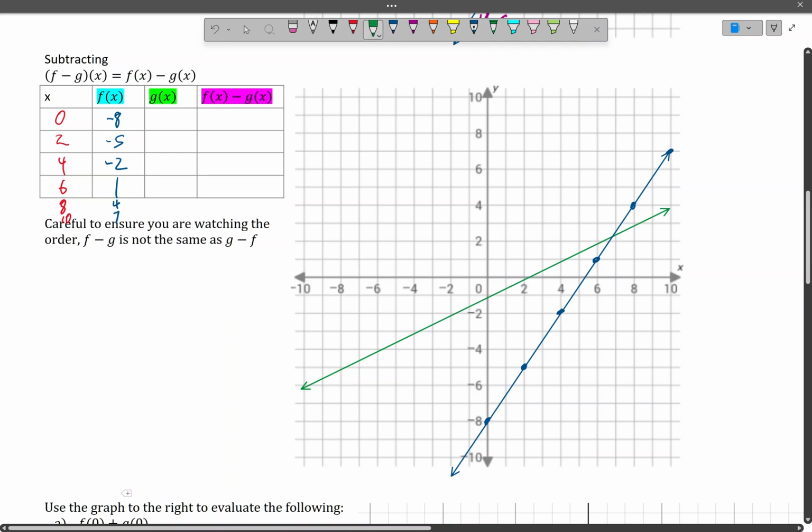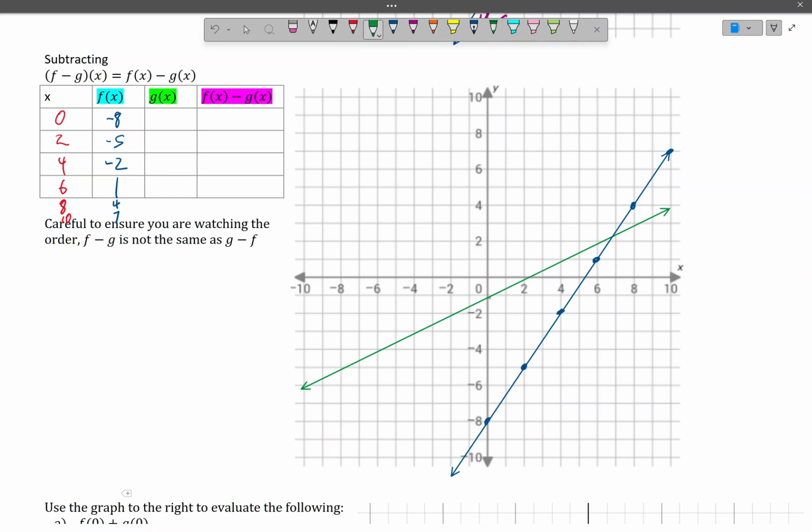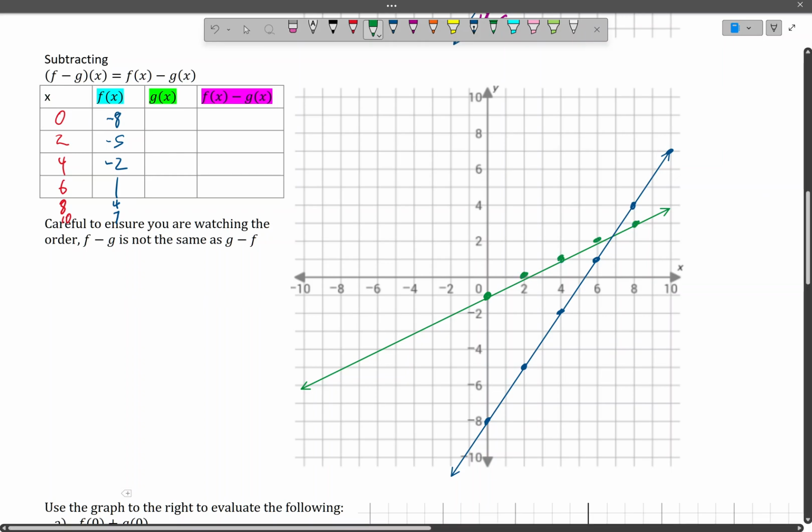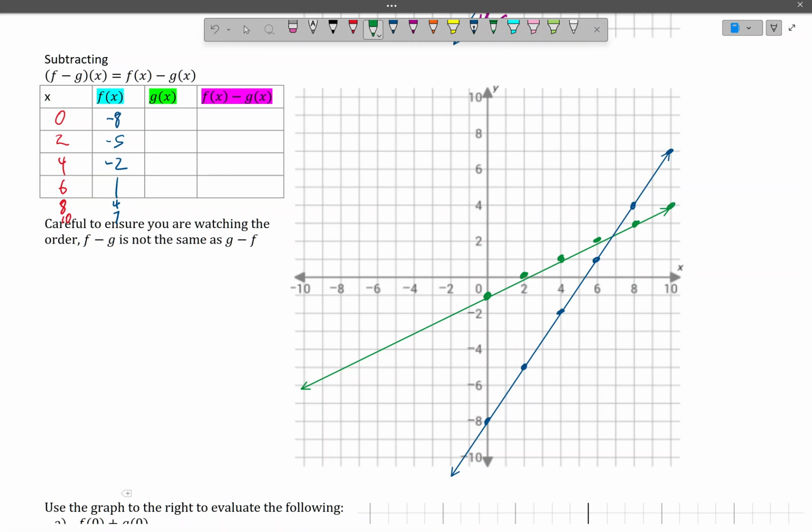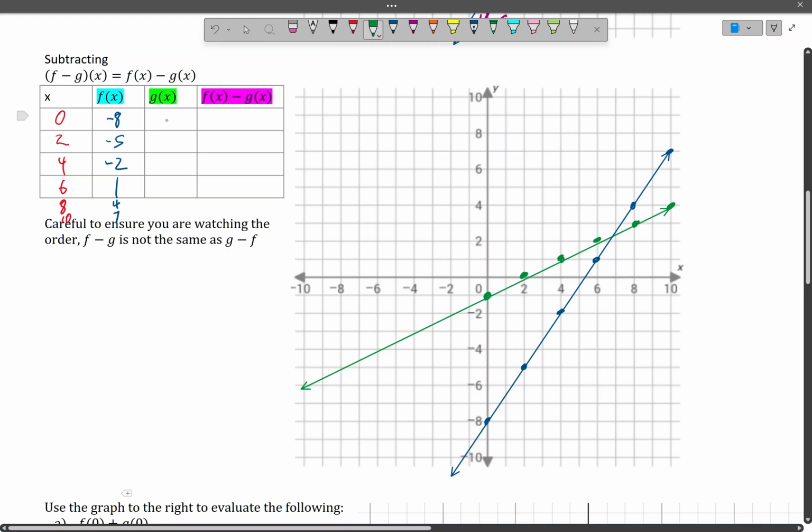And then the green one. Looks like our green has shifted a little bit, but it was supposed to be right on the line here. So just trust me that it's supposed to be on that line. So it's going to be -1, 0, 1, 2, 3, 4.